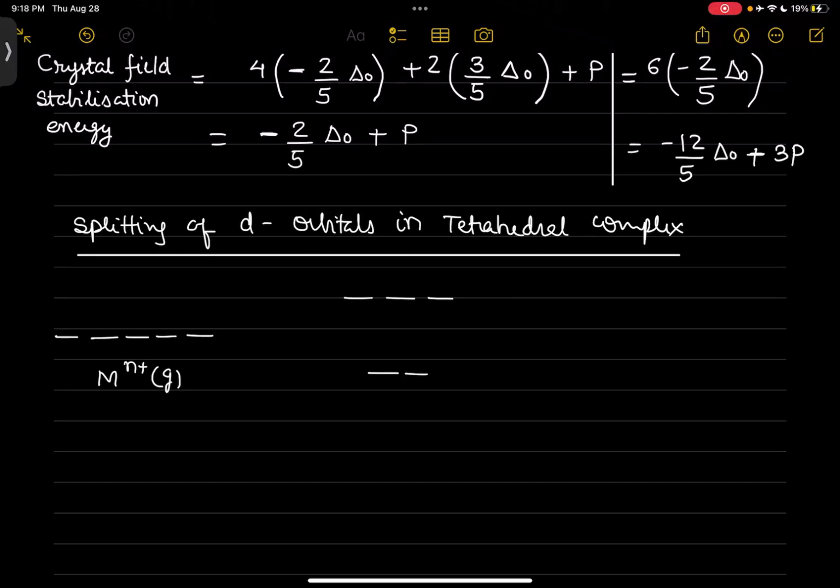So this is the metal ion in the isolated gaseous atom. And if that metal ion is surrounded by 4 ligands, the pattern of splitting is going to get reversed in a tetrahedral complex.